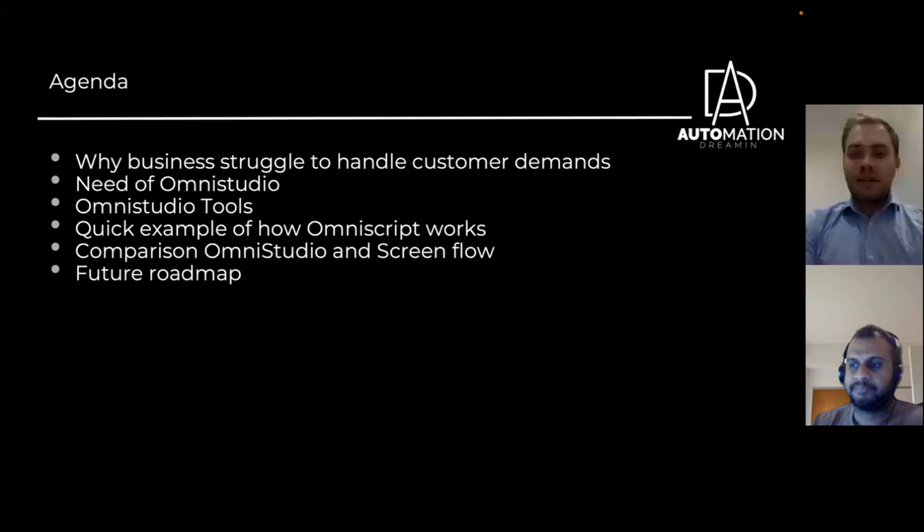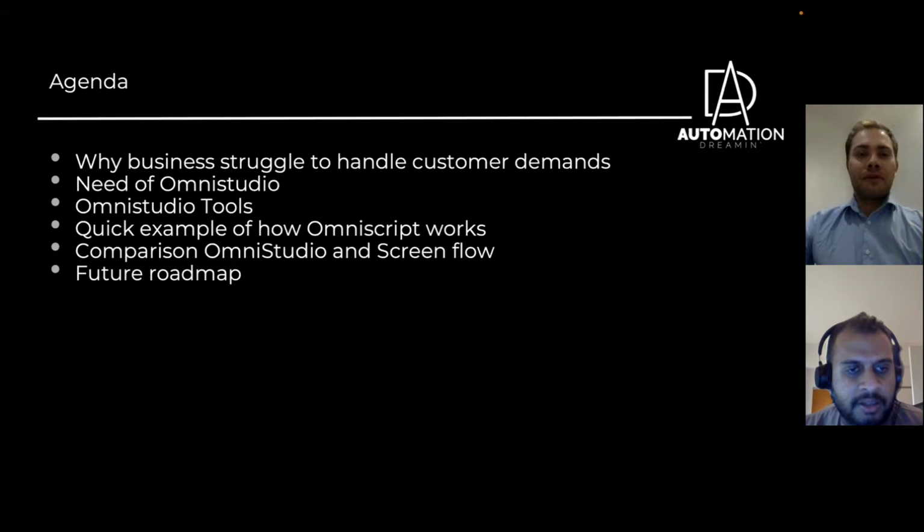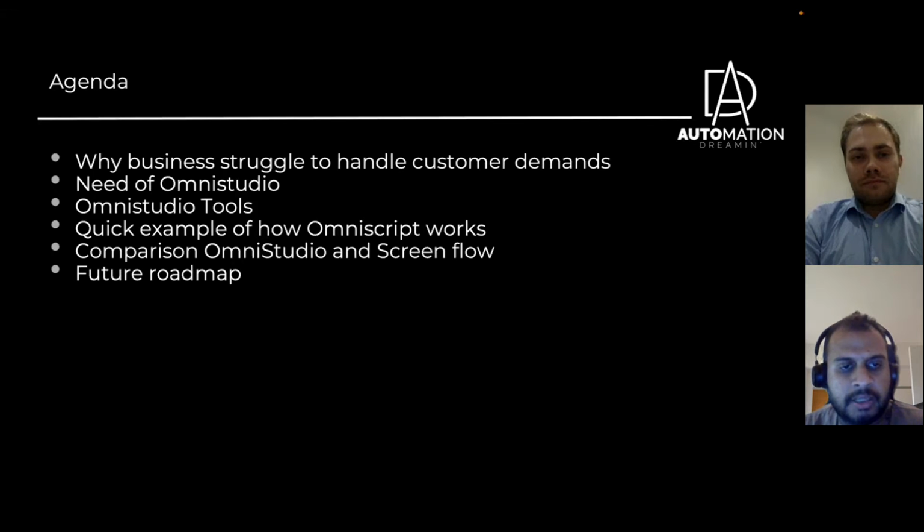I guess I'll go to the next slide. So Samit will tell us about the agenda that we have for the presenters. There are maybe six section materials that we are going to share with you today. I'm going to give you a little bit of background on escalating customer digital expectations, and why it's complicated to handle the need, and also why we need Omni Studio and its key features or key components, and a quick live example of how OmniScript works.